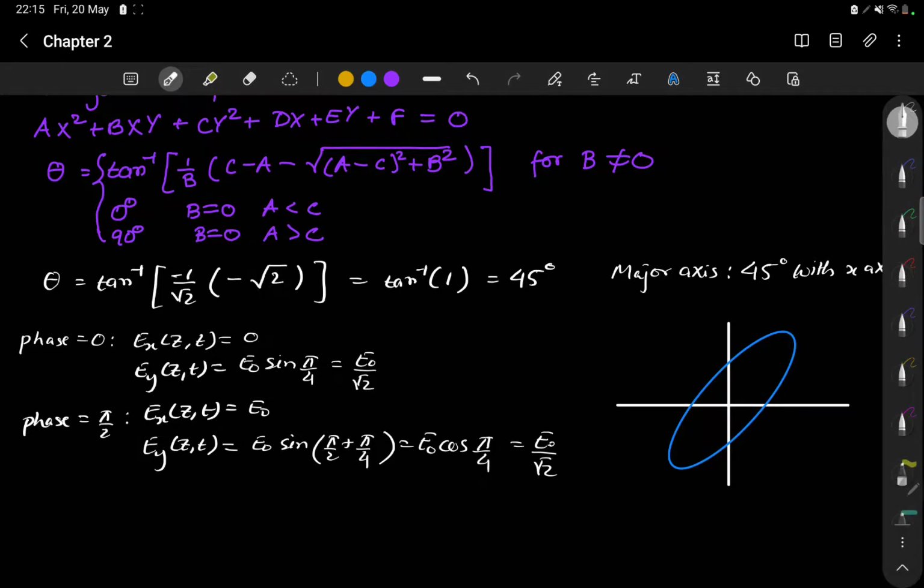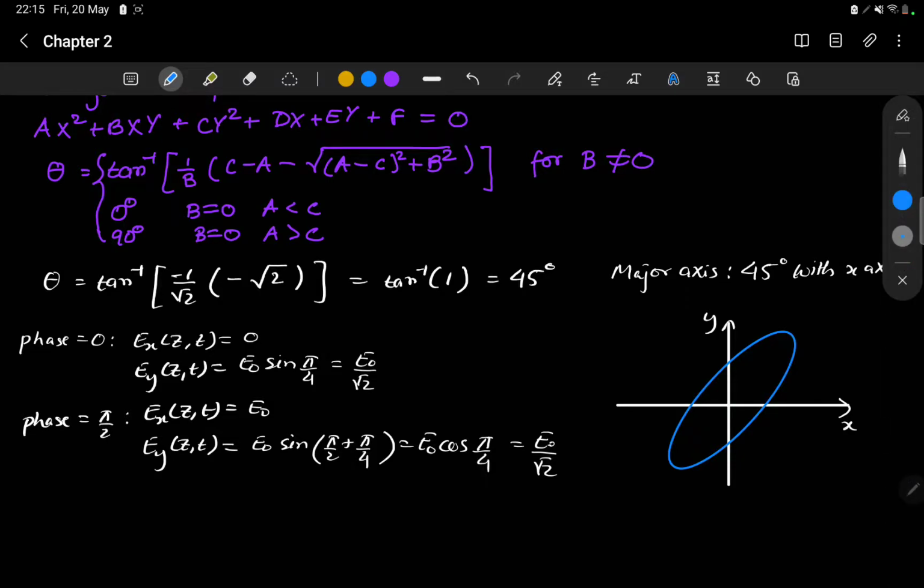So this is our ellipse, and let us check for its handedness. At phase equal to 0, we are at the following point. This is phase equal to 0, and for phase equal to pi by 2, we are somewhere here.